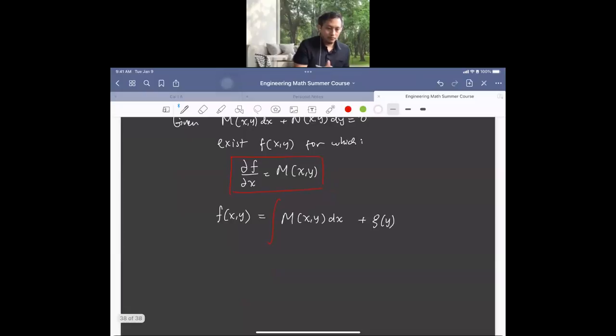Let's say the function g. So let me write g(y) is the constant of integration.